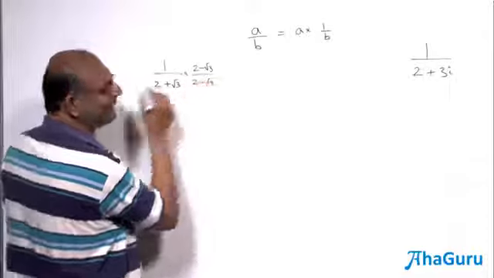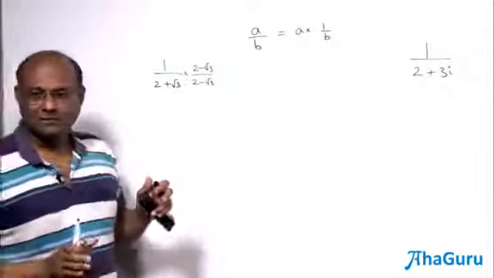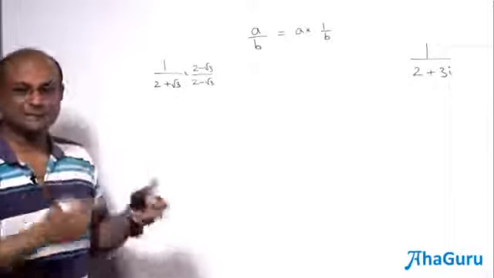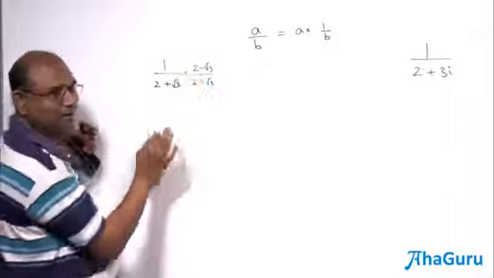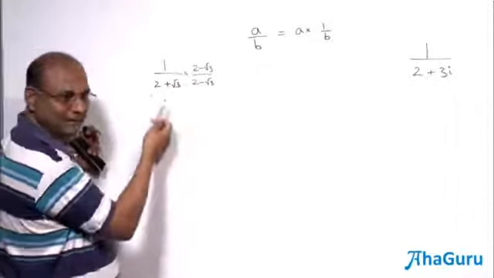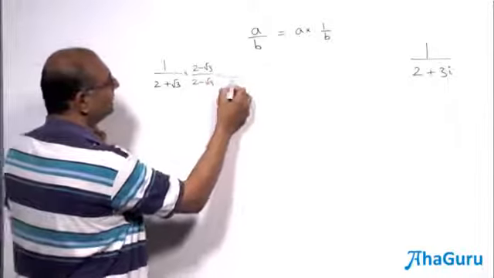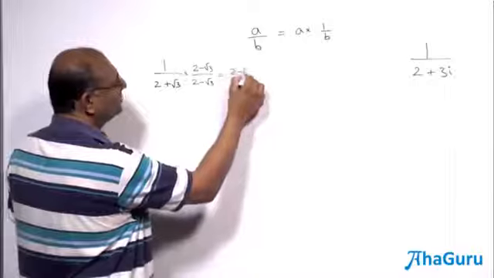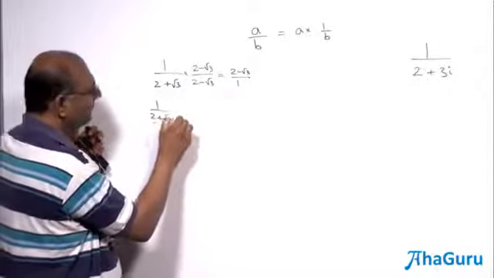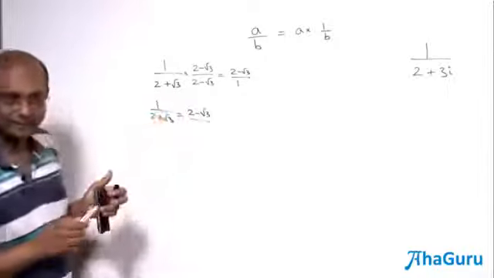And then what's the great idea? This product is a plus b into a minus b, so it will become a square minus b square. Now that root 3 will go away because it will become 4 minus root 3 square, which is 3. So it will become 4 minus 3, 1. So this will then become 1 and 2 minus root 3. Instead of having 1 by 2 plus root 3, we end up with 2 minus root 3. This looks much easier than that.